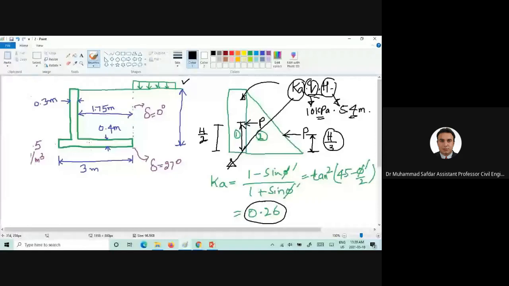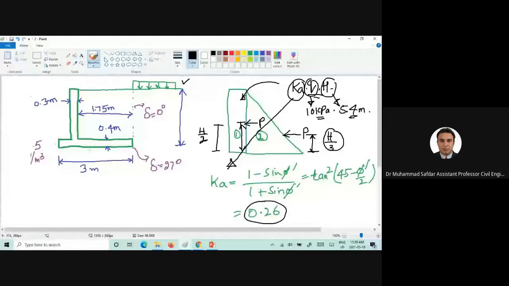What is the height of the stem? 5 meters. That's great. Excellent.